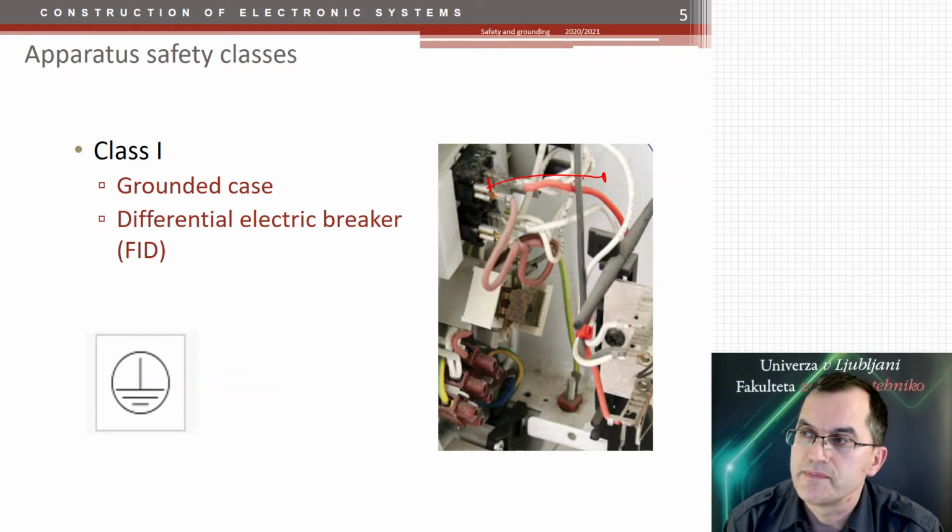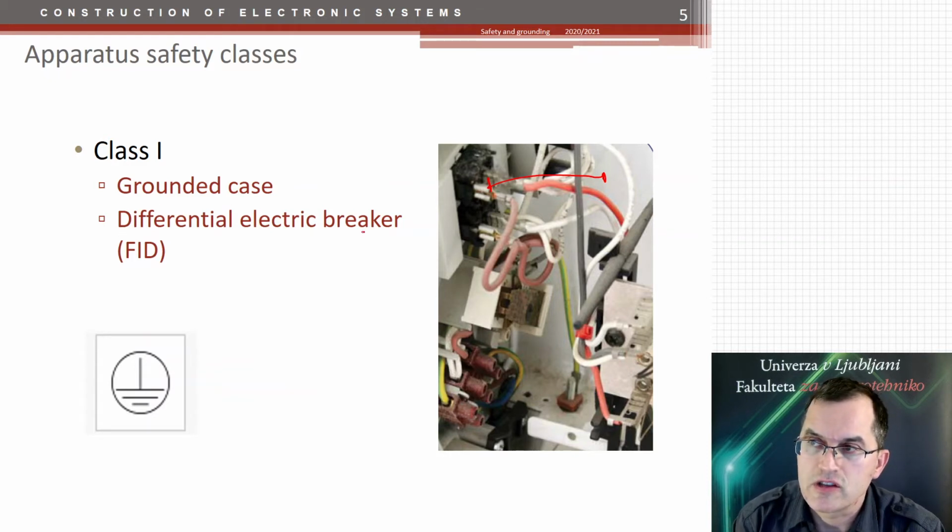And the next level of protection is the differential electric breaker, or the RCD switch. That switch will turn off the power if current flows through the grounding wire. So this is another level of protection.